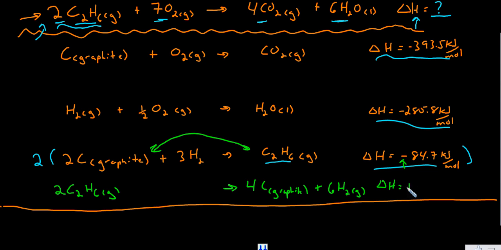We should get a positive 2 times negative 84.7, so positive 169.4 kilojoules per mole.